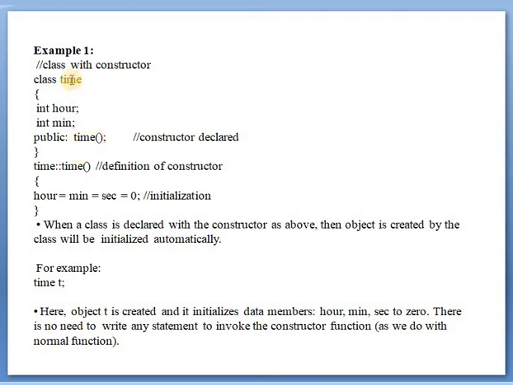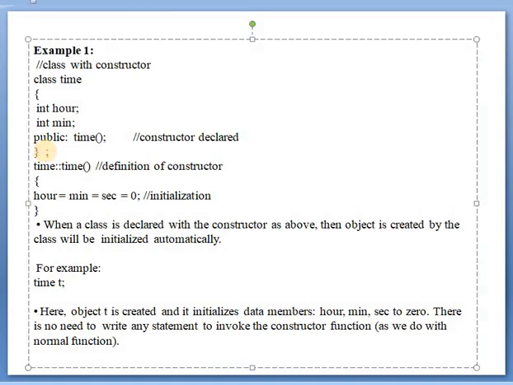Now time is a special function, that is, it is a constructor, which has the same name as the class name, like time is the class name and also the constructor name. And here is the closing of that class.